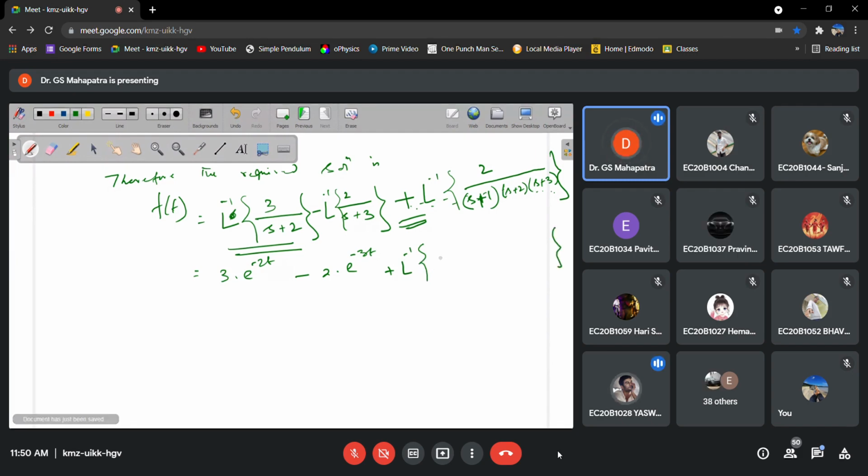Then I will. 1 by s plus 1 minus 2 by s plus 2 plus 1 by s plus 3. Whatever I have written, is it correct or not? L inverse of 1 by s plus 1 minus 2 by s plus 2 plus 1 by s plus 3.